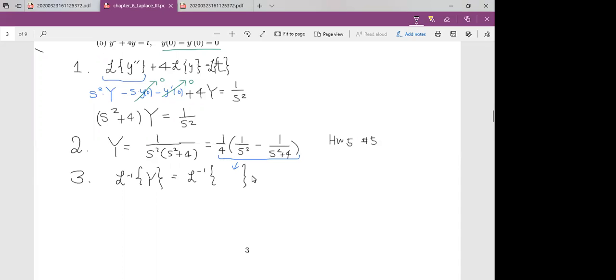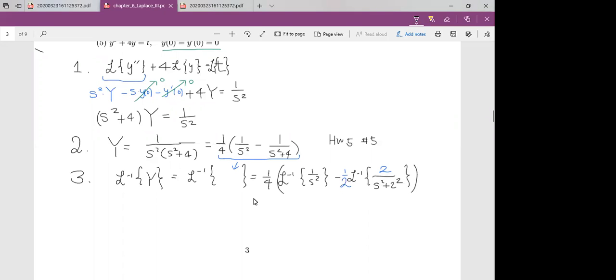So this is going to be 1/4 of the inverse transform of 1 over s squared minus, if you want, you can use big parentheses like that, the inverse of, look at this denominator, s squared plus 4. This 4 happens to be 2 squared, so we have s squared plus 2 squared. Now you want to have the number 2 in the numerator, so we need to multiply by 1/2 to keep the identity.